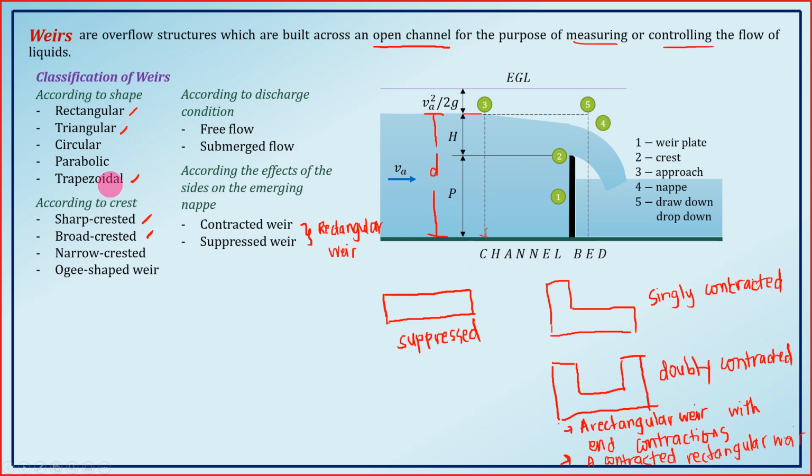And also kapag trapezoidal. And also kapag free flow or submerged flow tayo. And also kapag kinonsider natin yung sides natin, kung contracted or suppressed. Sige. So, simulan natin yung paglista sa mga equations natin for the weir.